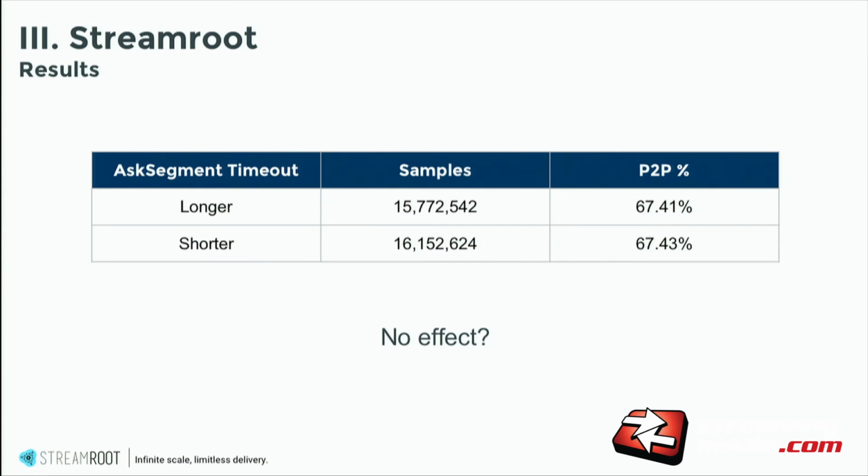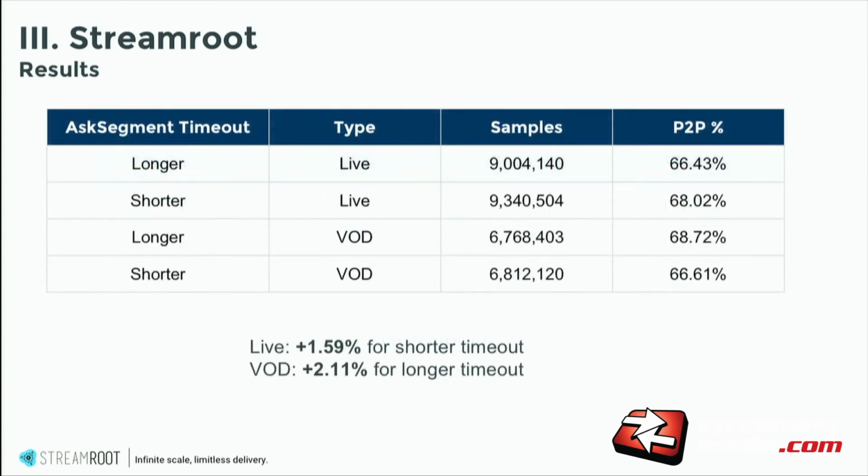But what's very interesting is that if you look a little closer and deeper and splice the population by the type of the stream, here we did it for live and for VOD, you see that for live, the shorter timeout value provides 1.6% more peer-to-peer efficiency. And on the contrary, for VOD, the longer timeout gives plus 2% of peer-to-peer efficiency.